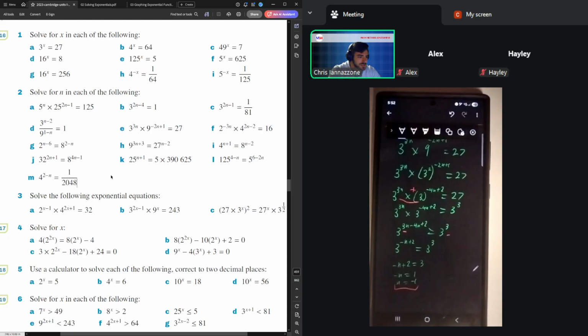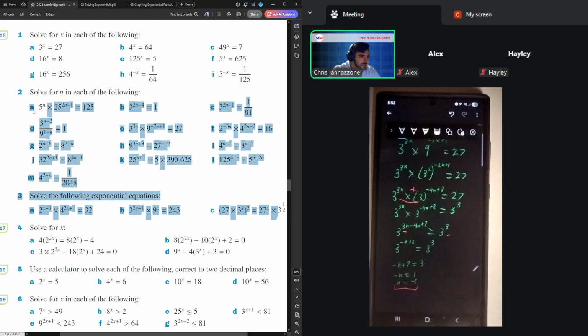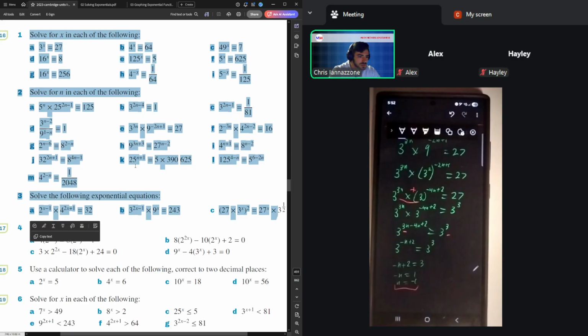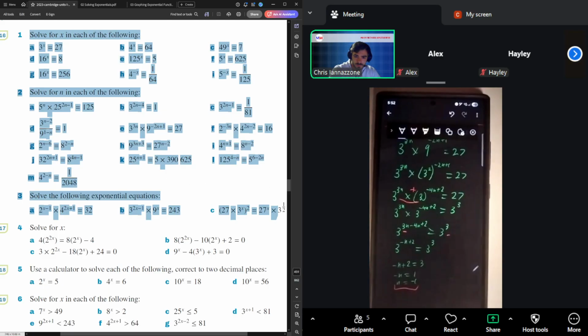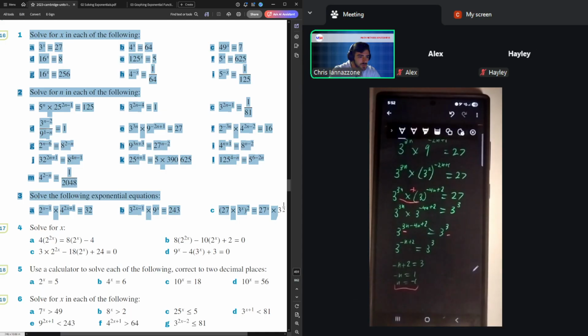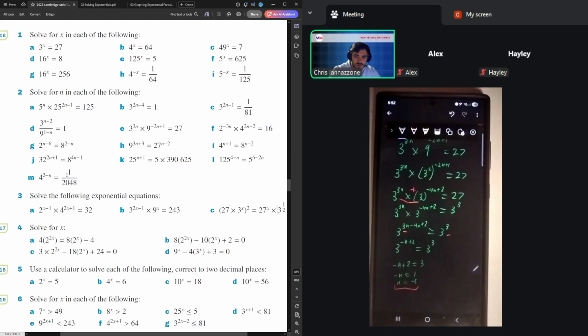Do we want to see anything more from that question 2? I guess same thing with question 3 here. All of these, questions 1, 2, and 3, all have the same approach to them. Does anyone want to see any more of those? I think maybe the only one that might feel a bit different would be when the fractions get involved. Are we all familiar enough with how to work with the fractions?